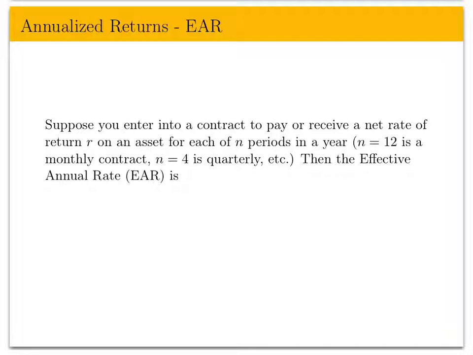Then let's define the effective annual rate, or the EAR, as the value that would arise if you earned that one rate of return each of the n periods. So here you see, just as in the previous slide in the example, that you're taking the period return r, compounding it n times as a gross return, and you're getting what would be the annual return on the left-hand side.